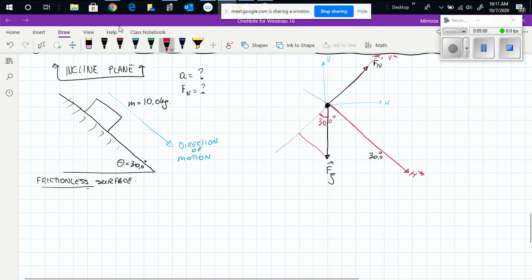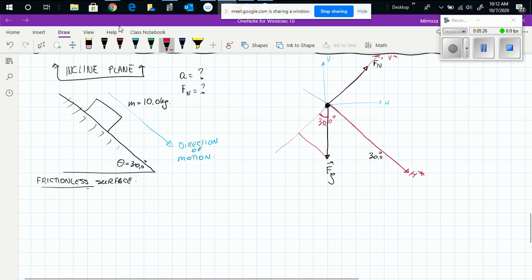If we keep the X and Y axes as the normal axes that we have seen in math, what will happen is that we will have a horizontal component and a vertical component of the acceleration, and a horizontal component and a vertical component of force normal.